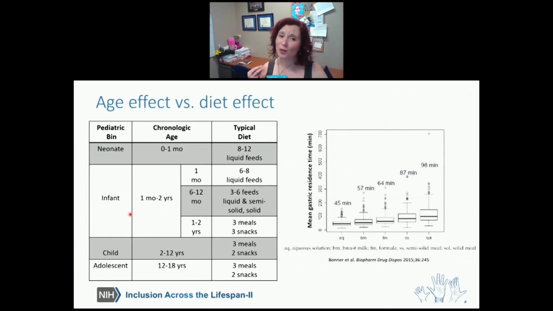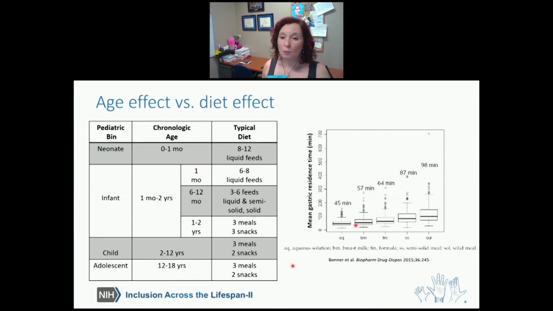When we think about the diet across the pediatric age range, there's a tremendous amount of change during the first few years of life. So again, focusing on that neonate and infant pediatric age bin. Basically, a baby goes from an all liquid diet to a semi-solid and solid diet by 2 years of age. This matters because it influences the gastric emptying rate, which in turn will influence the absorption profile of any orally administered drug.